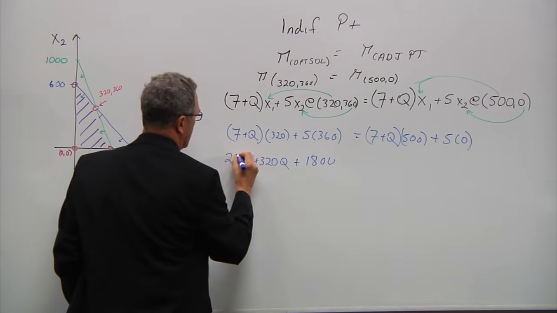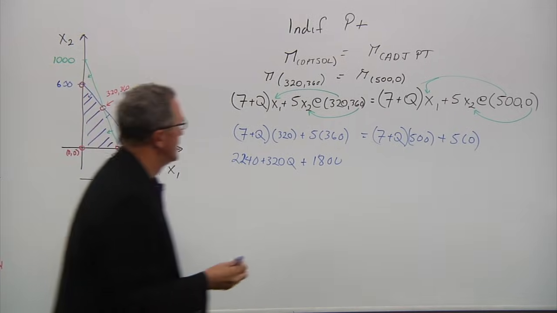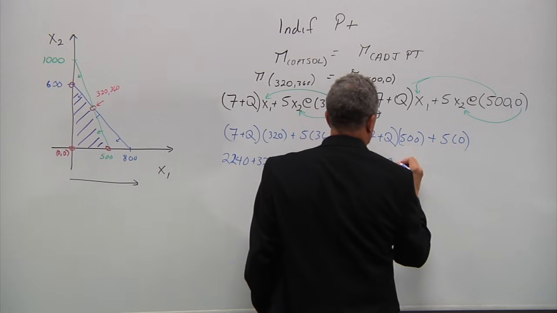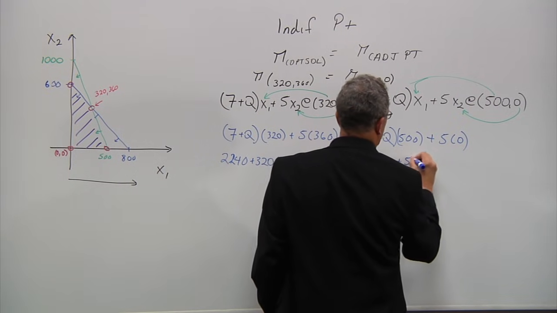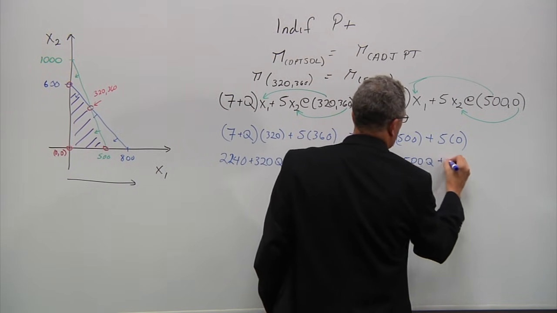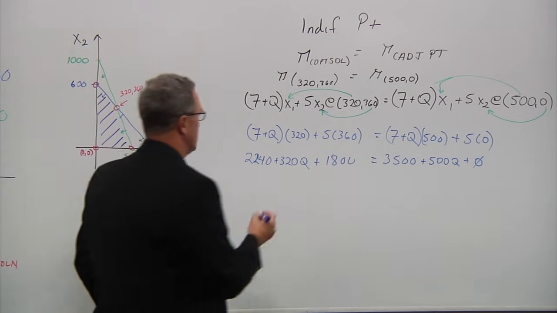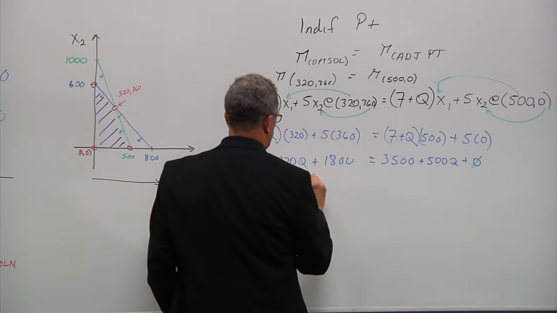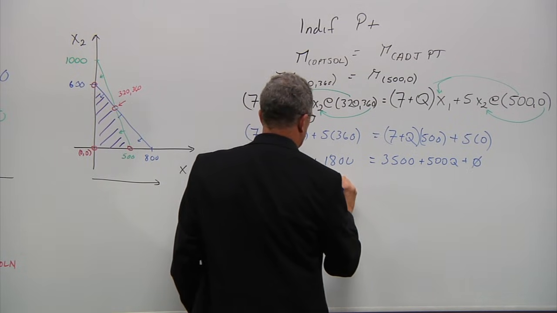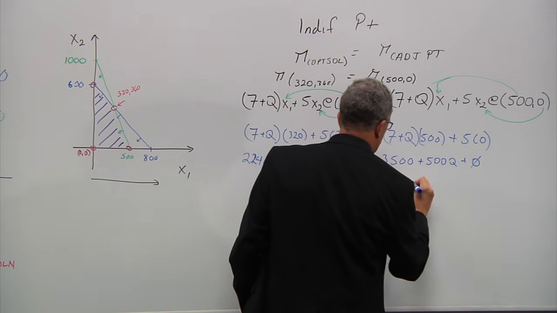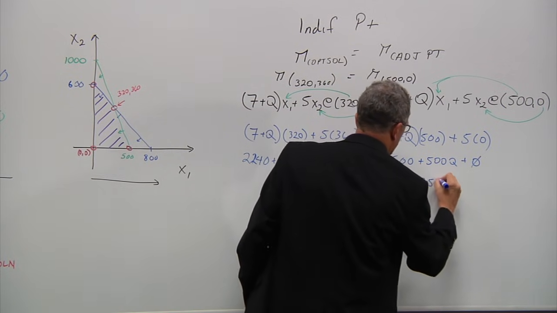This is 2240. Sorry about that. Equals 3500 plus 500Q plus 0. Again, go through and do some algebra. 320Q plus 4040 equals 500Q plus 3500.